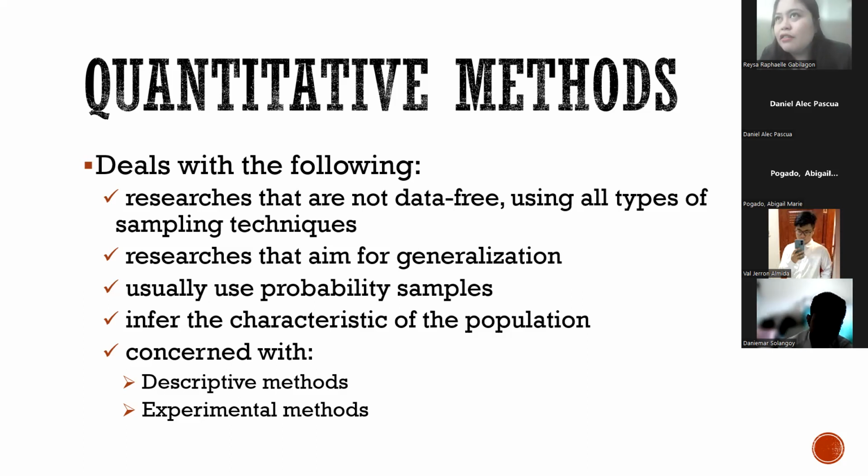Okay, so naghanap sila ng plant. I think it was blue ternate yung ginamit nila. And they really conducted their experiment here sa school, and then they have numerical data after the experimentation. Thus, under yan siya sa quantitative study.